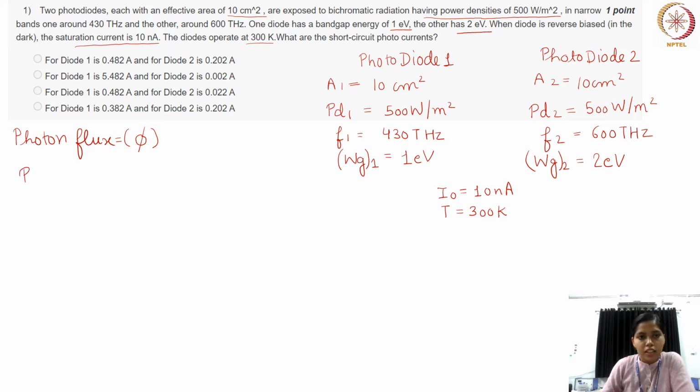We know the relation between the power density and the photon flux: power density is equal to phi h f, where phi is the photon flux, h is the Planck's constant, and f is the frequency term.